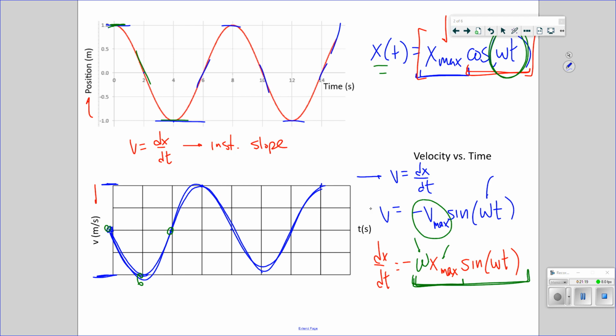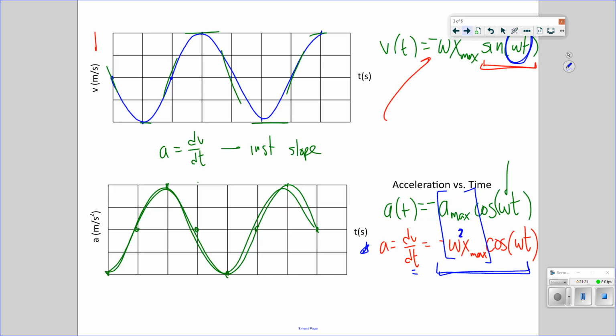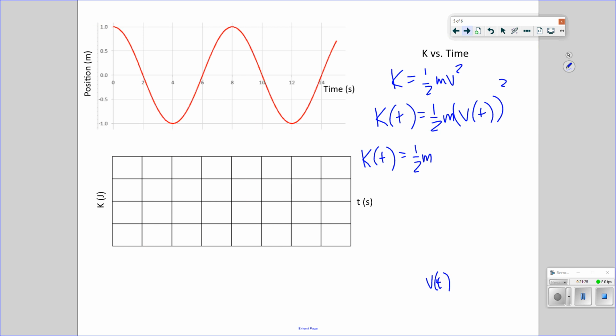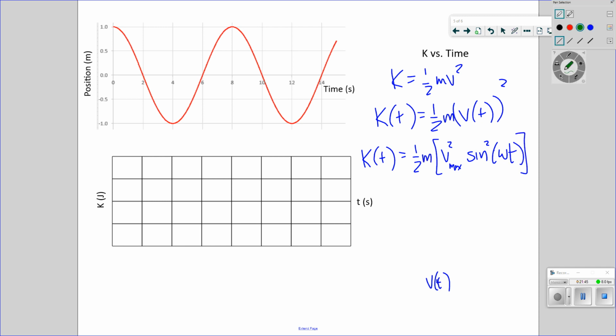Here's our velocity function: negative Vmax sine omega t. If we square that, we get Vmax squared sine squared omega t. And look, here is Kmax.